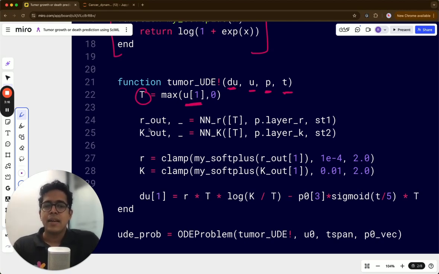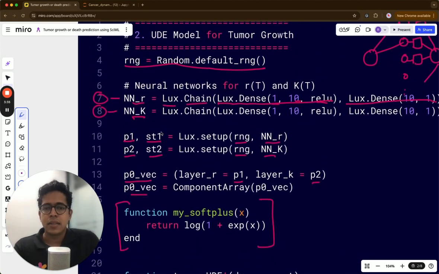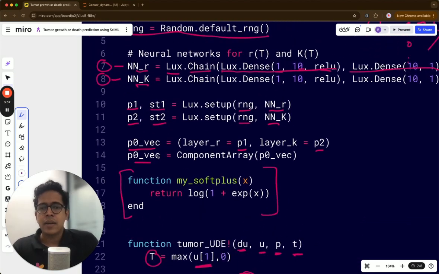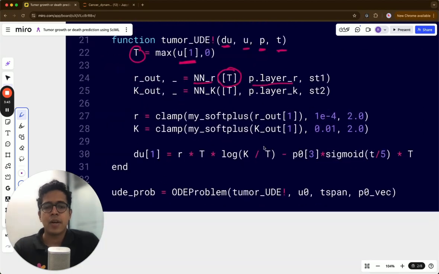Then we say the R output is equal to the output you get from neural network 1. Into this neural network, we are simply passing one input, which is the current tumor size T. Then you have p.layer_R, which will give you the p1 parameters, the initial parameters for neural network 1.